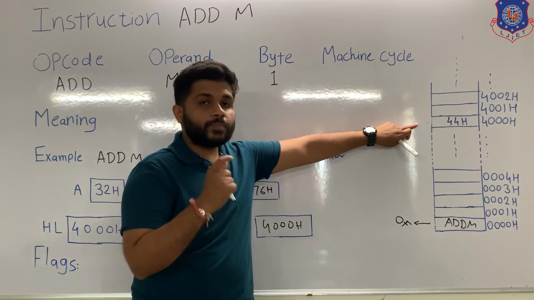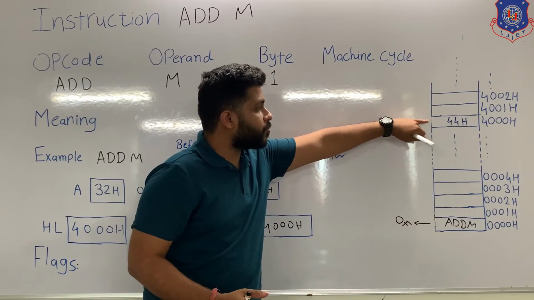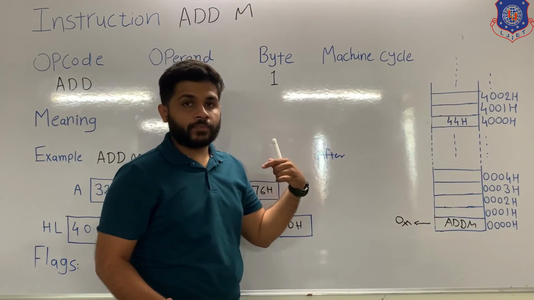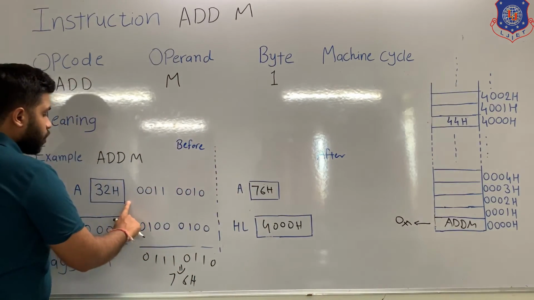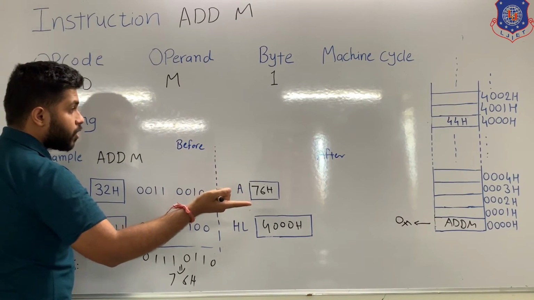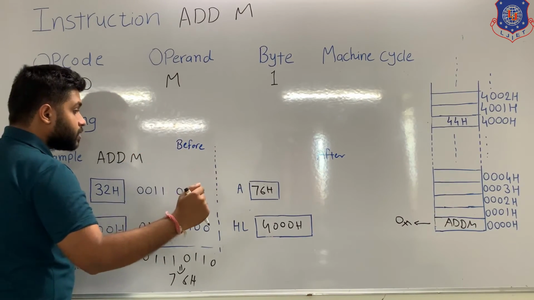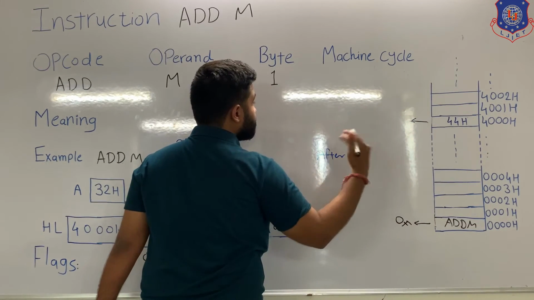If processor wants to perform any operation, the data should be first transferred from the memory to microprocessor. So to execute this instruction, one data is already present in the accumulator, but the another data is present in the memory location. So processor has to transfer the second data to itself.